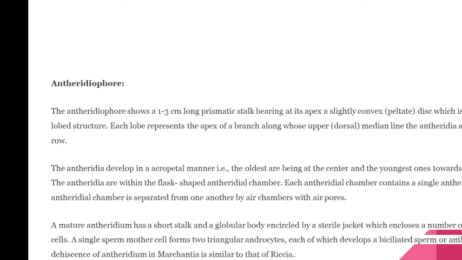The mature antheridium has a short stalk with a globular body encircled by a sterile jacket, which encloses a number of sperm mother cells. A single sperm mother cell forms two triangular androcytes, each of which develops a biciliated sperm or antherozoid. The dehiscence of the antheridium in Marchantia is similar to Riccia.